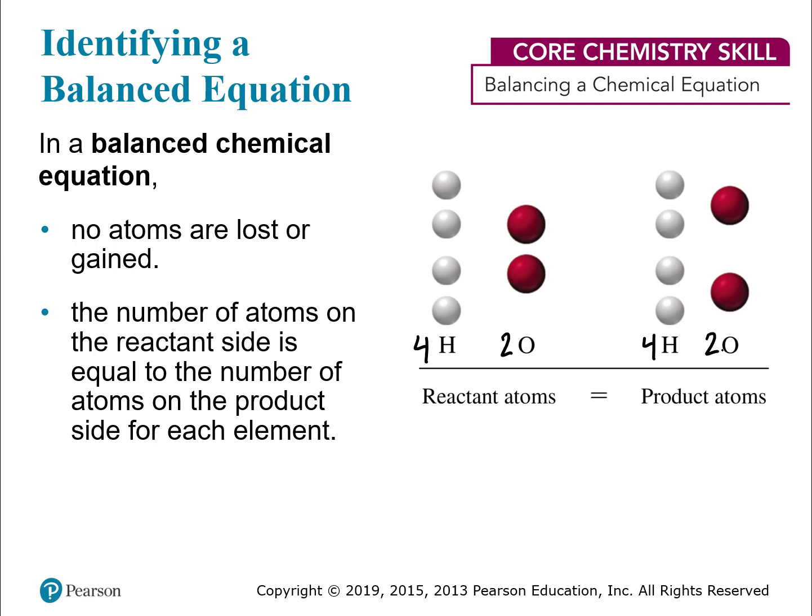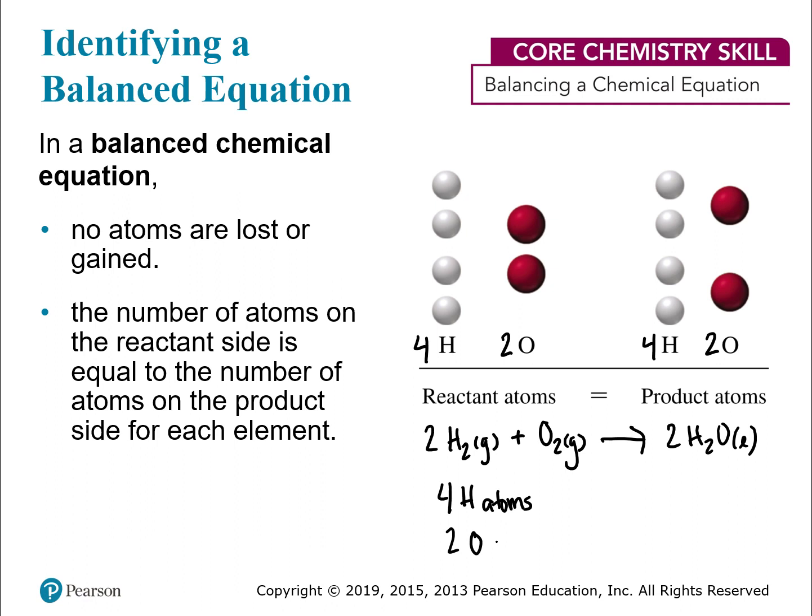on both sides. So if we were looking at a reaction here, we could look at this and say, okay, there are 4 hydrogen atoms and 2 oxygen atoms.